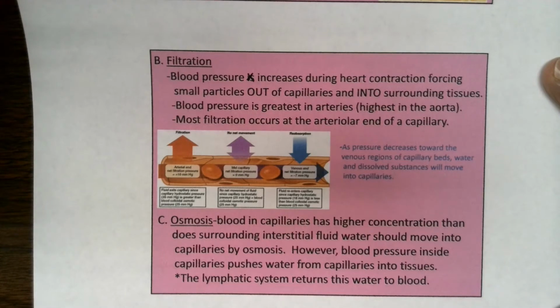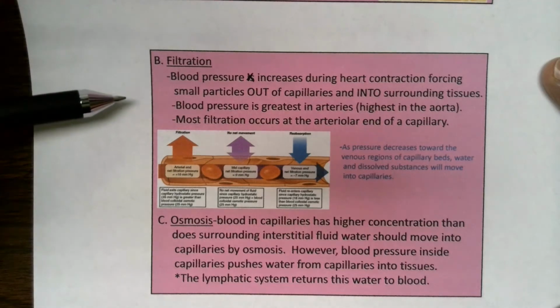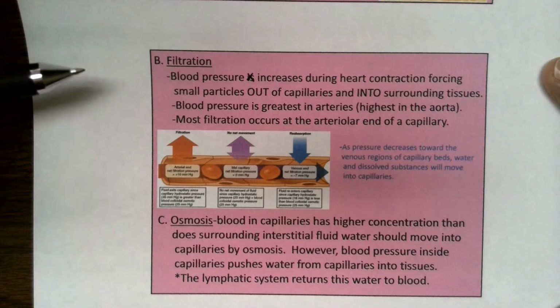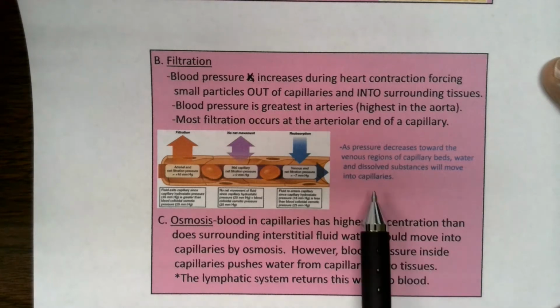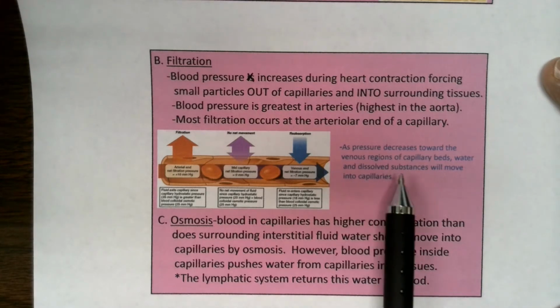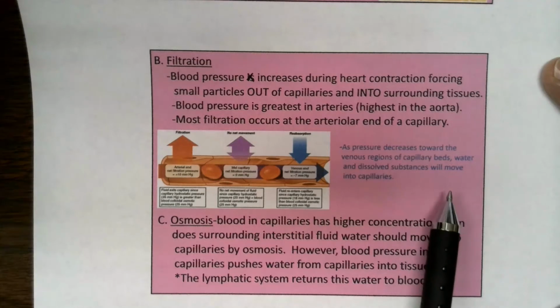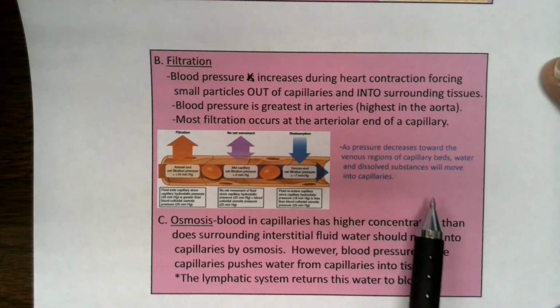So within the capillary itself, small particles are going to be forced into surrounding tissues just by being filtered. And this says, as pressure decreases toward the venous region of the capillary beds, water and dissolved substances are going to move into the capillaries.